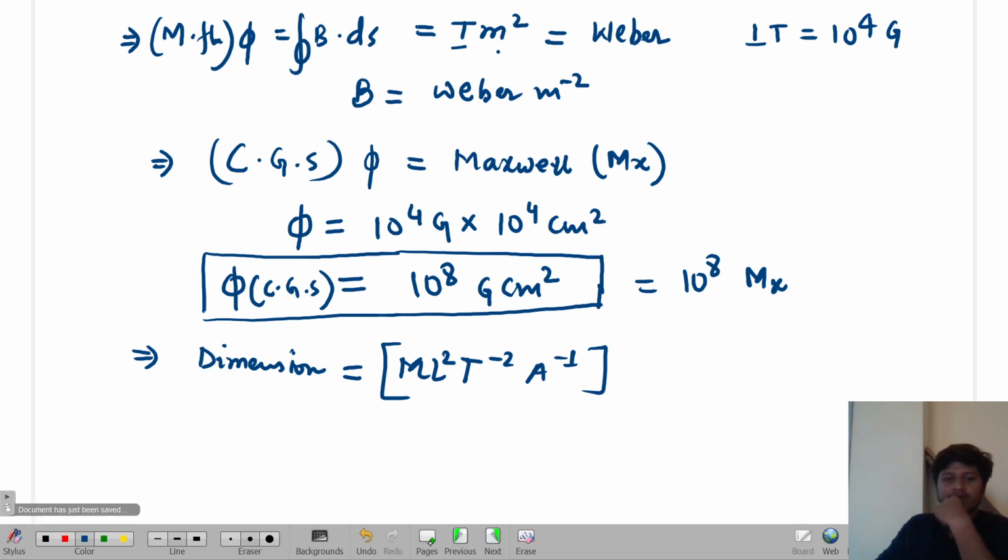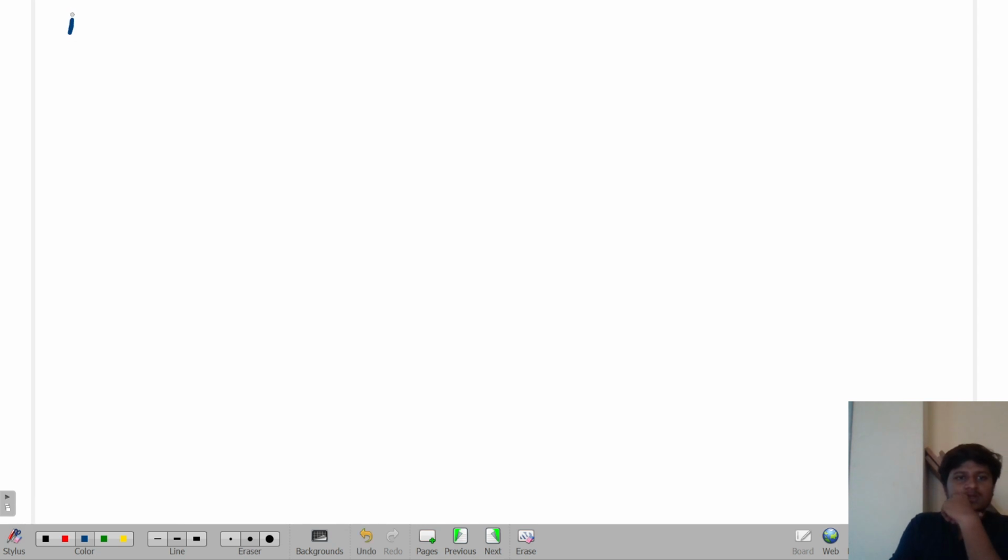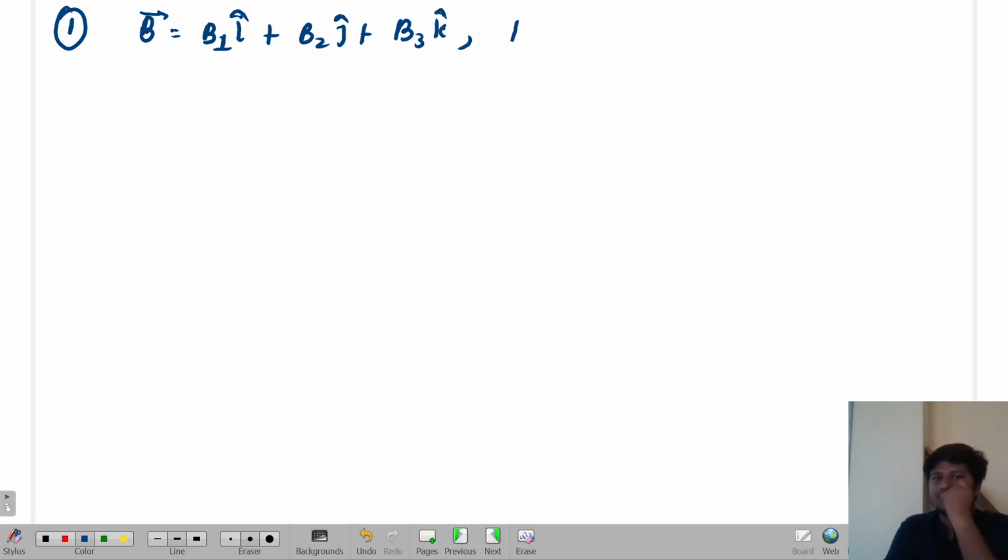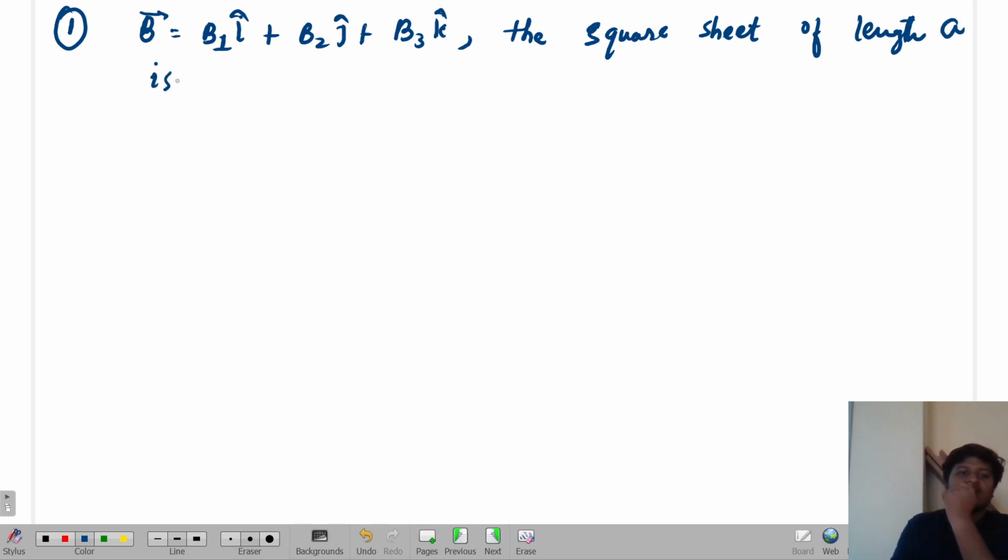Now look over here. Write one question. The magnetic field is given as B1 I cap plus B2 J cap plus B3 K cap. It is saying that a square sheet of side A, of length A, is lying in the YZ plane.